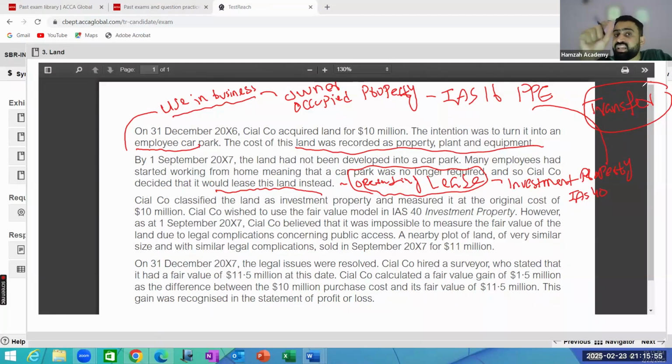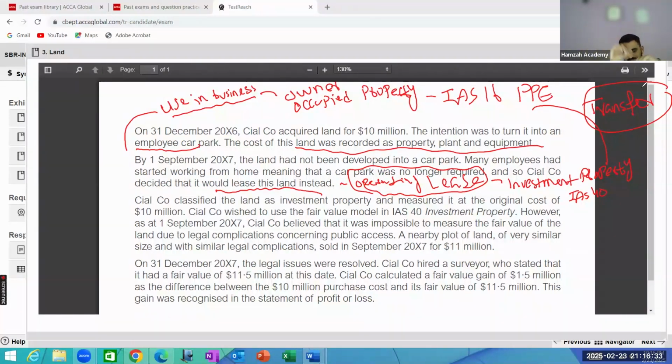And if there is any gain, that gain will be treated under other comprehensive income and revaluation reserve. That gain would not be reported in profit and loss, because in investment property, gains and losses are reported directly in profit and loss. But this gain will be treated as per IAS 16 and reported in other comprehensive income. Subsequently, any change in fair value would be reported as per IAS 40, in the profit and loss account.